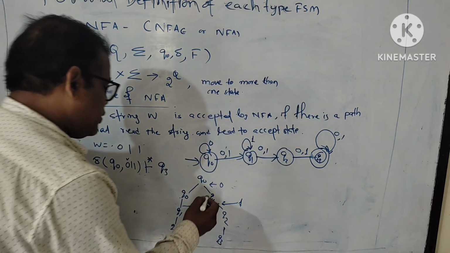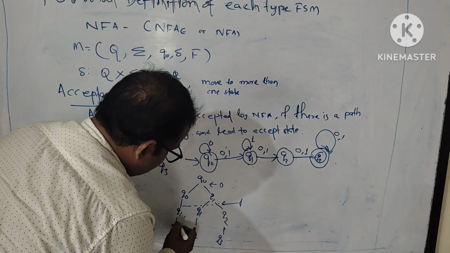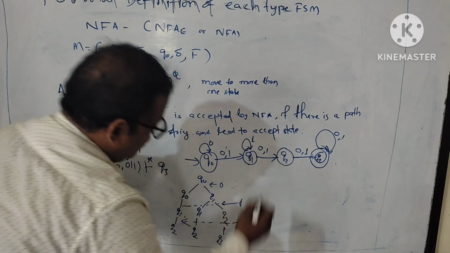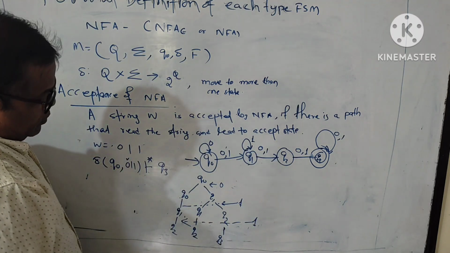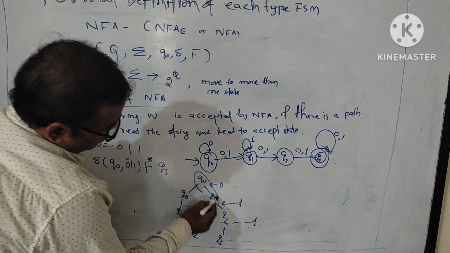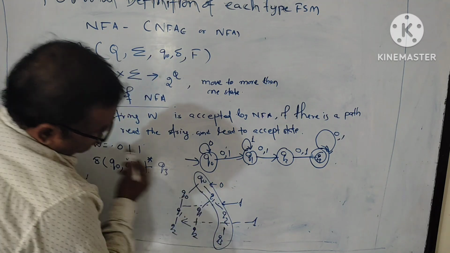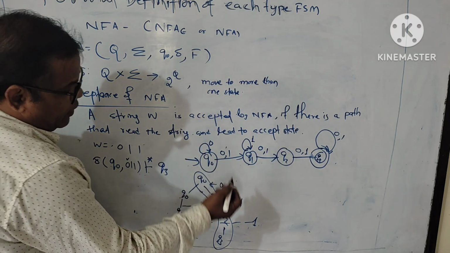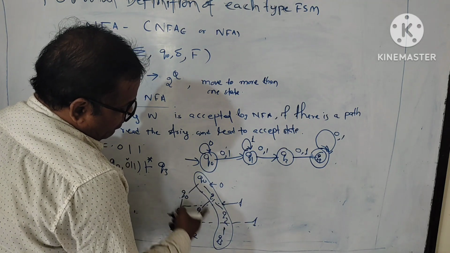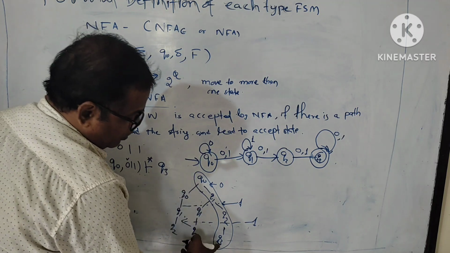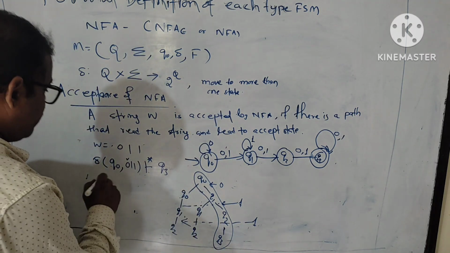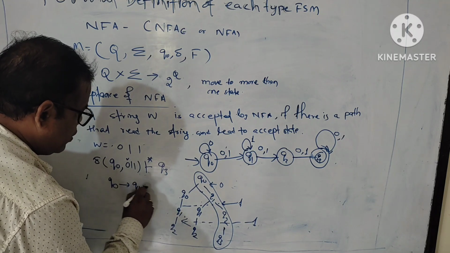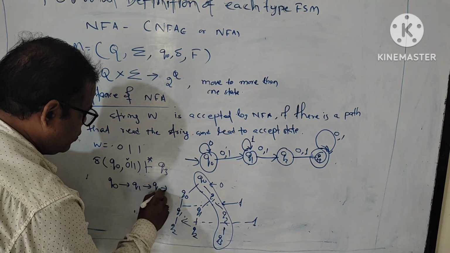There exists a path. What I have read here is 1. So this is a complete path that leads you from Q0 to the final state Q3. So what you understand from that is Q0 to Q1, Q1 to Q2, Q2 to Q3.